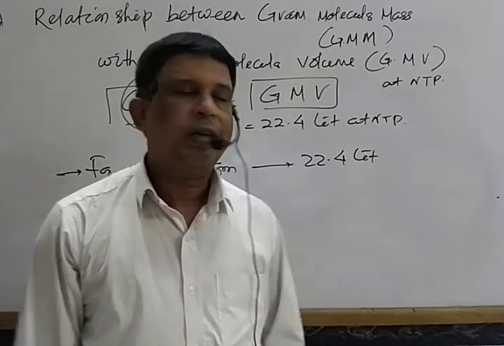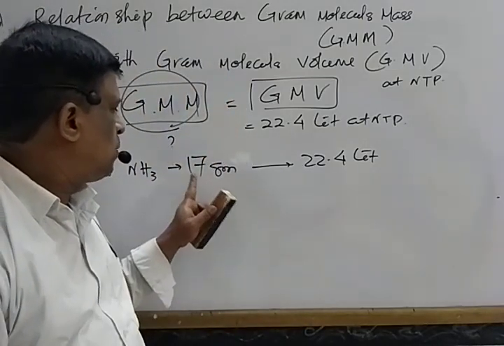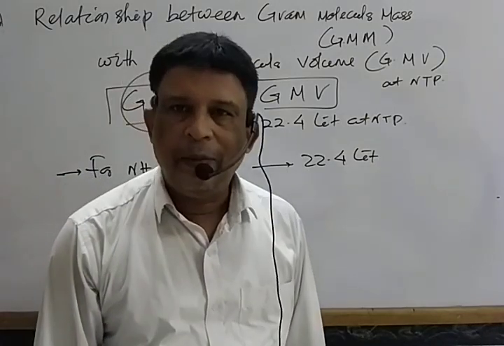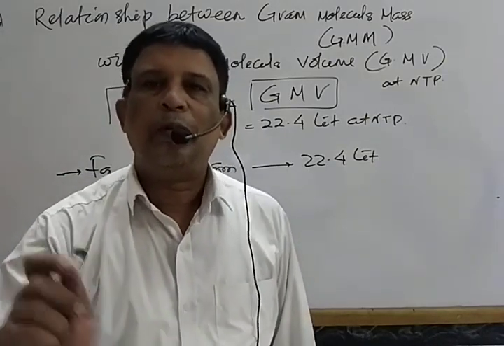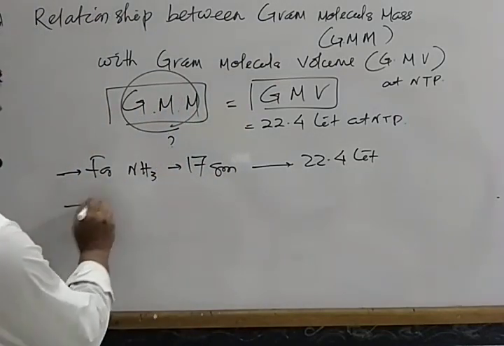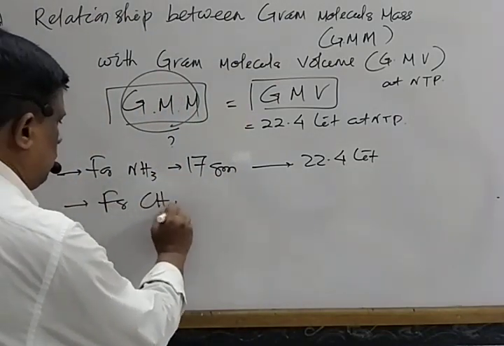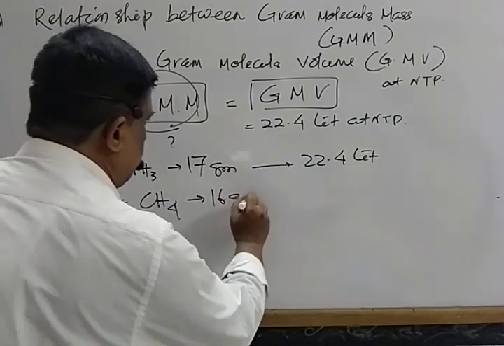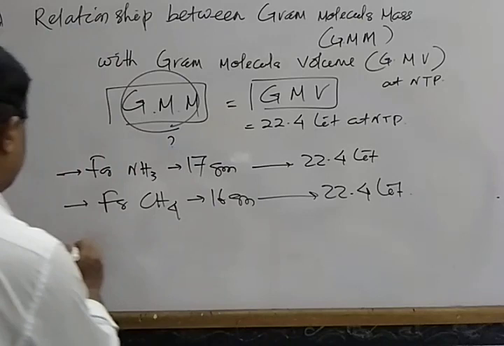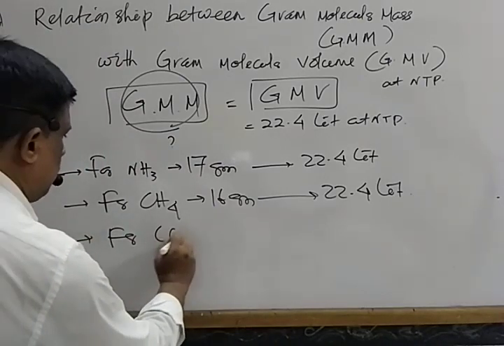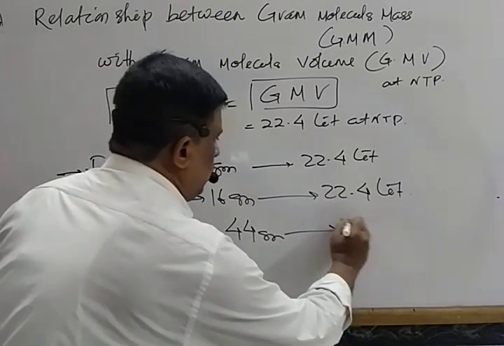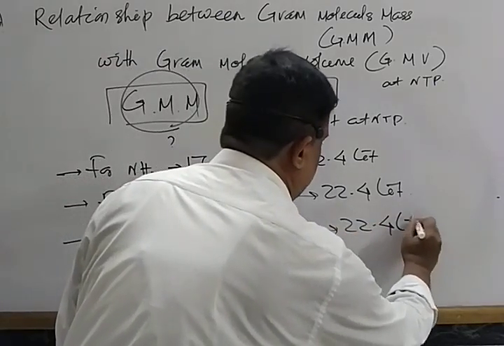What is the statement? The volume possessed by 17 gram of NH3 molecule at NTP is 22.4 liter. If we select the second one, CH4, that means 16 gram, volume possessed is 22.4 liter at NTP. If we select CO2, that is 44 gram, volume is 22.4 liter at NTP.